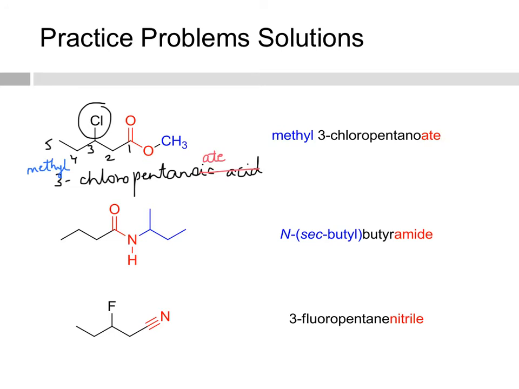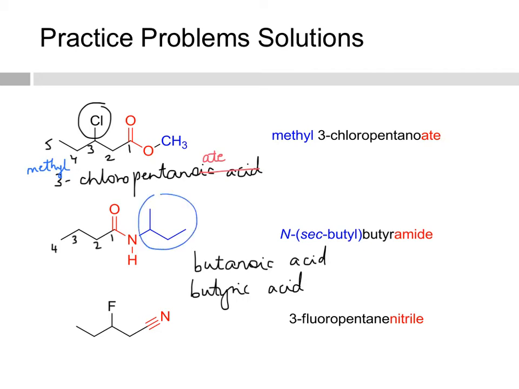Now let's do a similar analysis for this amide. The highest priority functional group is the amide. We need to look at what the parent carboxylic acid was. It was butanoic acid or butyric acid. We don't have any other substituents on this carbon chain. On the nitrogen of the amide, we do have an R group, and so we're going to say it is a sec-butyl group.